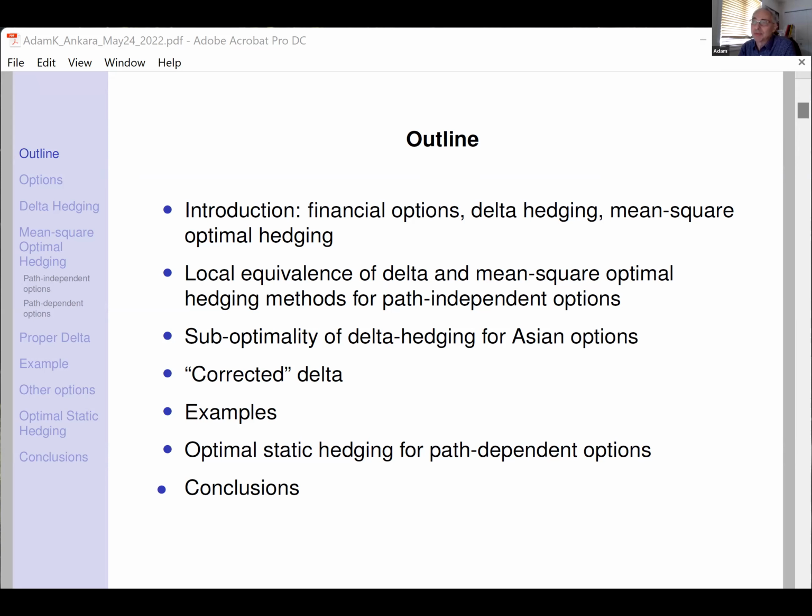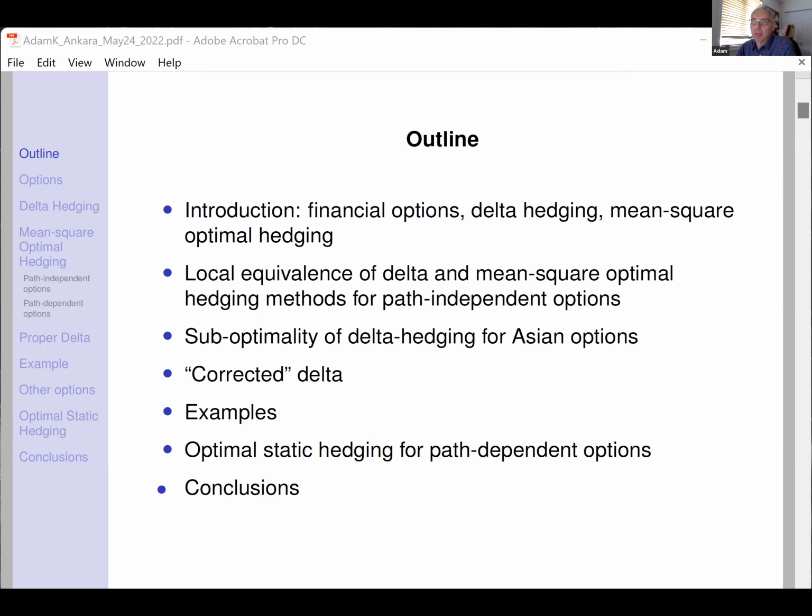To first formally detect the problem, at the very beginning I will go very quickly through basic concepts. I wasn't sure about the background of the seminar participants, but to uncover the problem, we will compare delta hedging with the mean square optimal hedging.